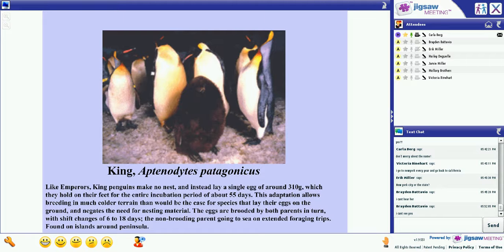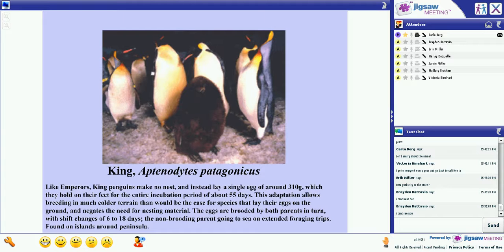This is a neat adaptation to them. They breed in very cold places where there is not a lot of plant material to make nests, and where their egg really needs the body temperature of the penguin in order to help keep it warm. So what they do is they hold the egg on the tops of their feet and keep it warm.